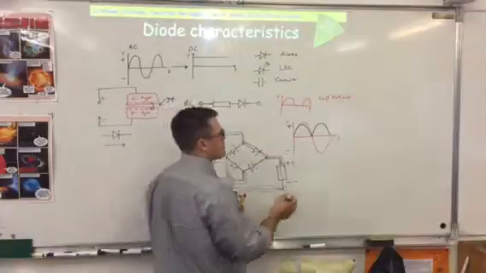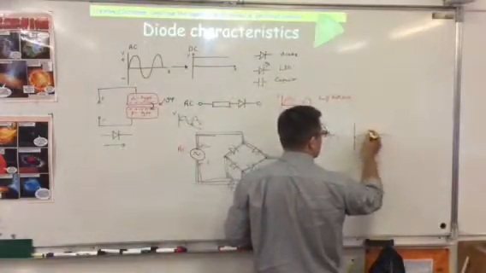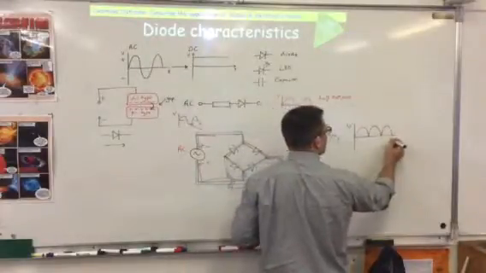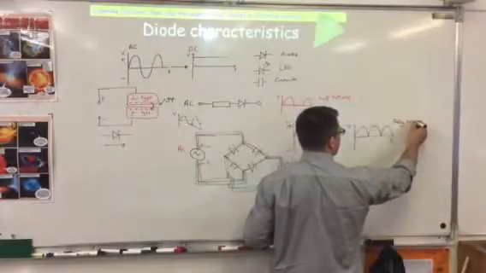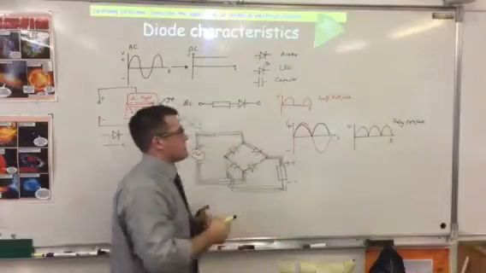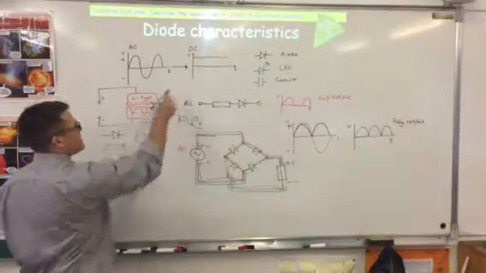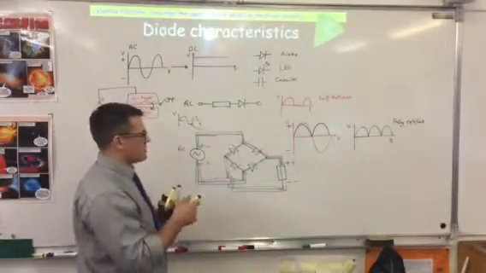And so what happens, this circuit, if I continue this, will look like so, and we describe this as a fully rectified circuit, or output or signal. Now that still isn't quite our DC output, so we have to have one more component in this, which is where the capacitor comes in.